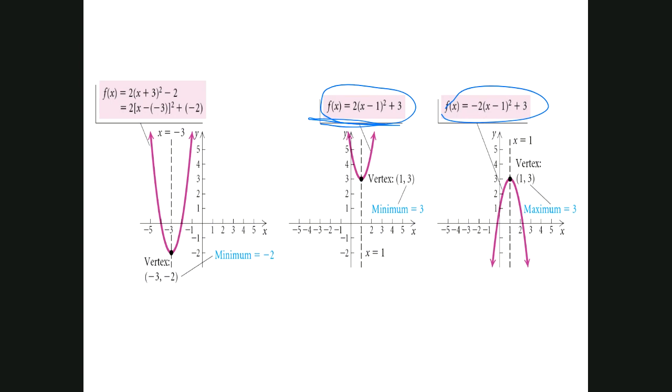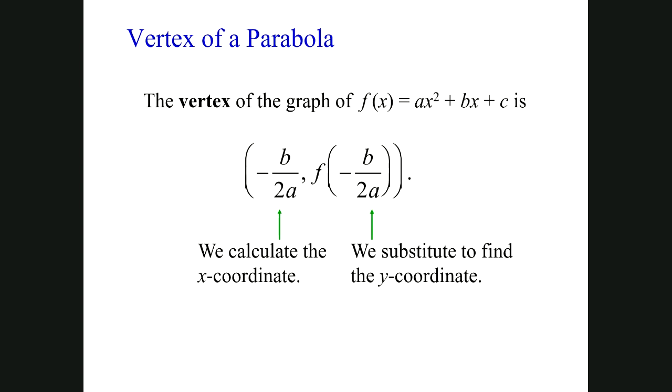So if I have f of x equal to something like ax squared plus bx plus c, which is not in this form, right? Do I have to go to completing the square, make it into this form? The answer is not really, okay? So we have another one called the vertex formula.